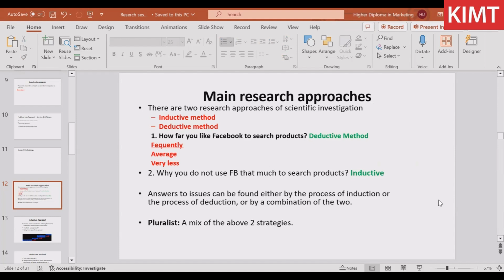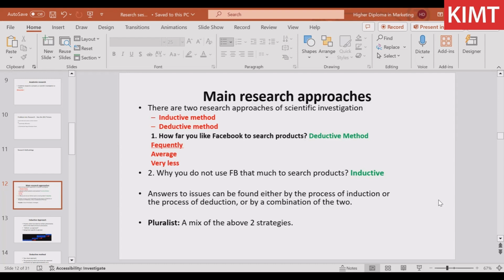Now, can you guess what we mean by deductive and inductive? Here I can see deductive is looking for some percentage, maybe, and for inductive you are looking for a clear answer. Yes, inductive. Right, actually I'm correct.